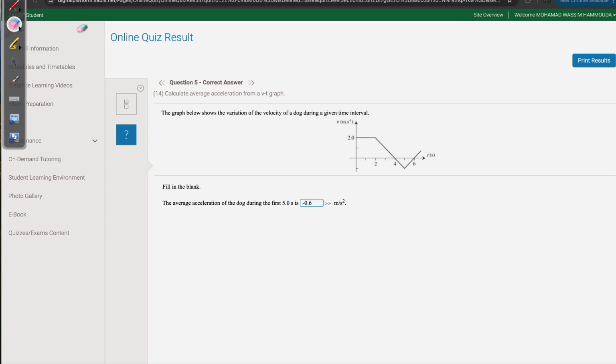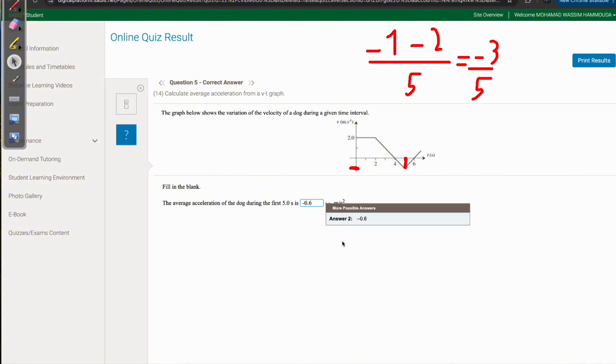The first 5 seconds is until here. The velocity ends at, as we can see here, -1, minus 2 over 5, which is -3 over 5, which is -0.6.